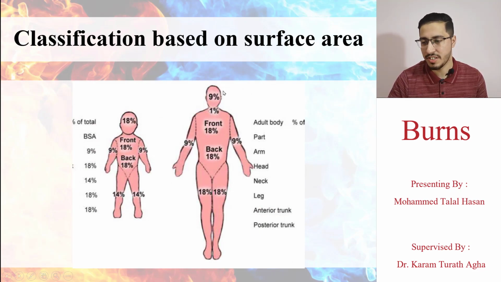Classification based on surface area uses the rule of 10. Over the whole body, 10 is given to each upper limb, the left and the right, and to the lower limbs, of course, and the genitalia are classified as 1%.